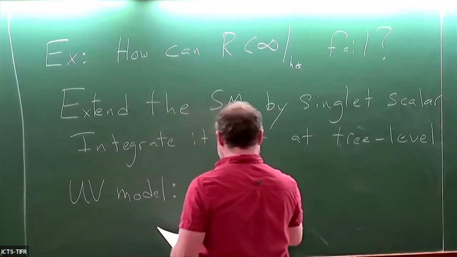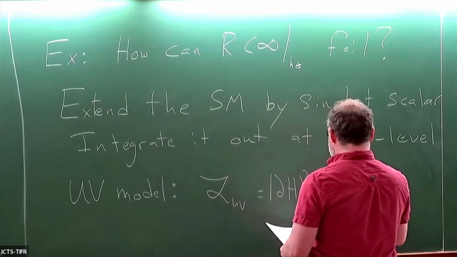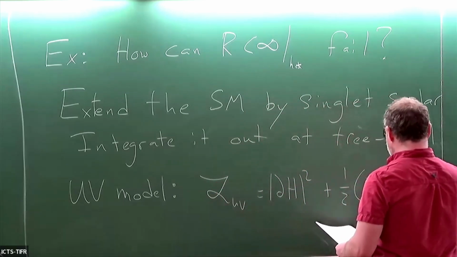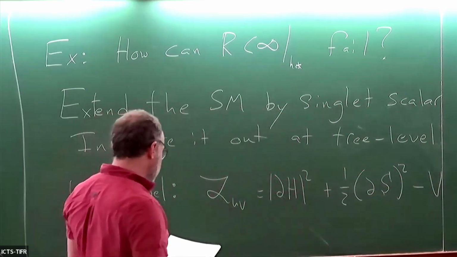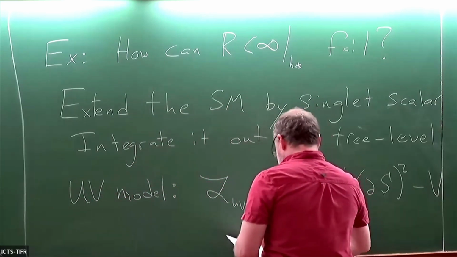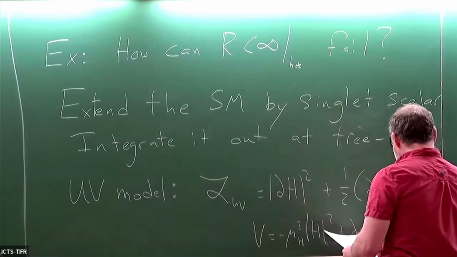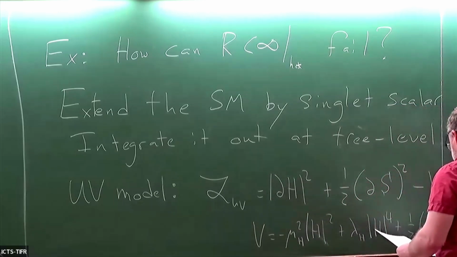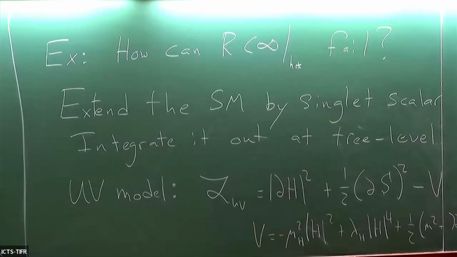We have L_UV is (DH) squared. Remember, again, we're only focused on the scalar sector. Then all the interactions are just in the potential. So we have V is minus mu_H squared |H|^2 plus lambda_H |H|^4 plus 1/2 (M^2 plus kappa |H|^2) S^2 plus 1/4 lambda_S S^4.